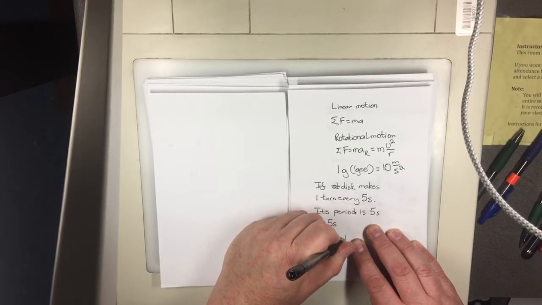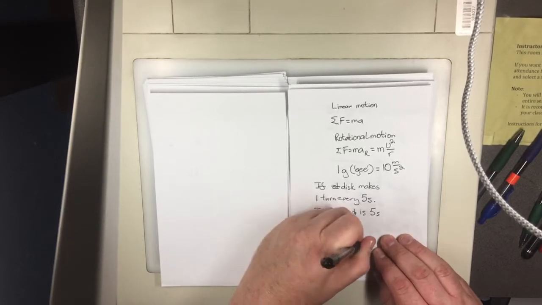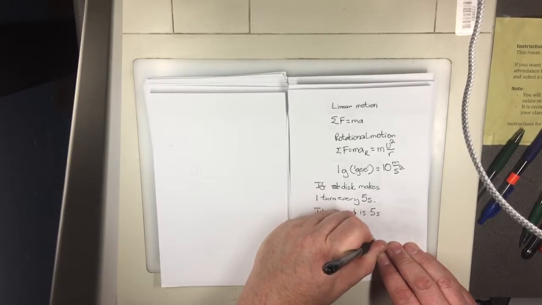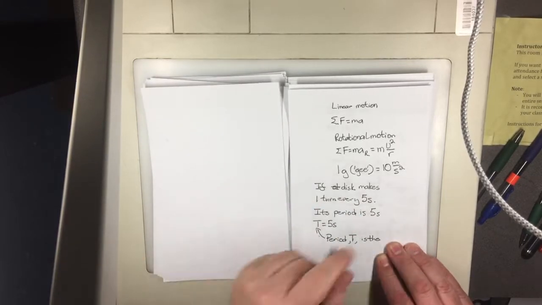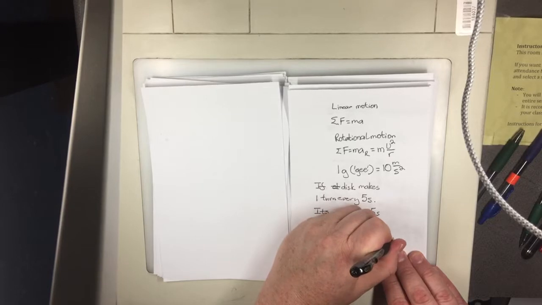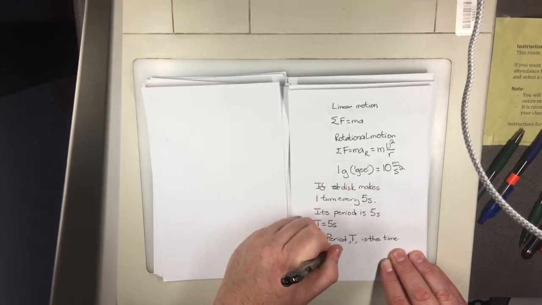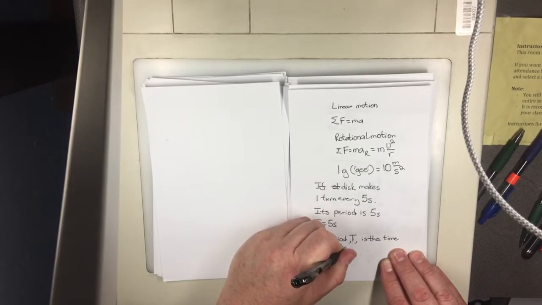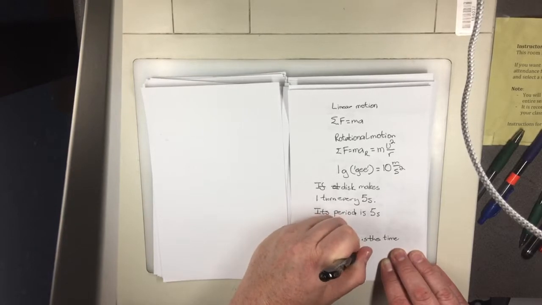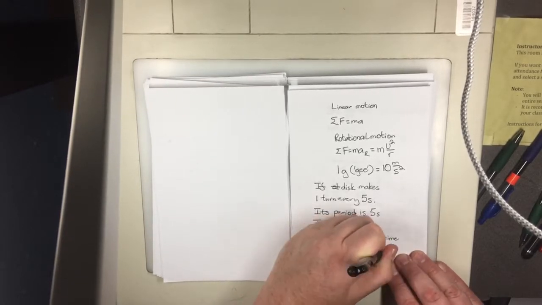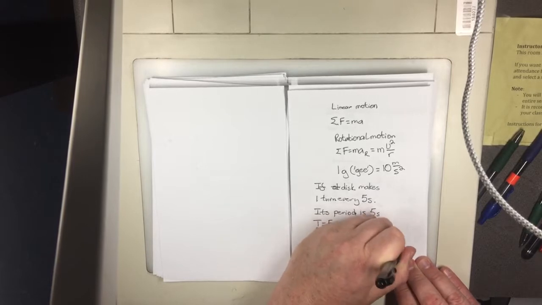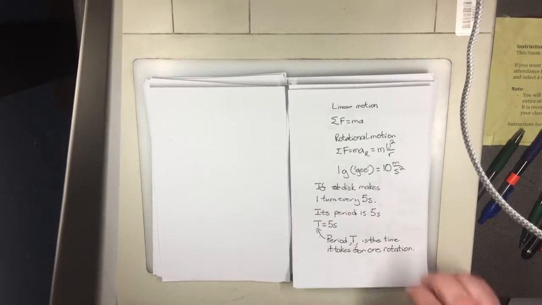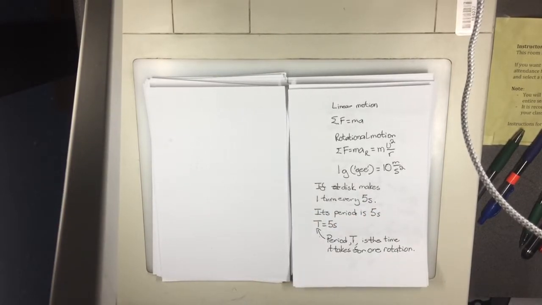Period T is the time for one rotation. So if it takes 2 seconds to rotate, its period is 2. If it takes a tenth of a second, its period is 1/10.